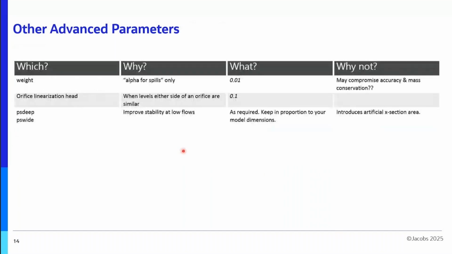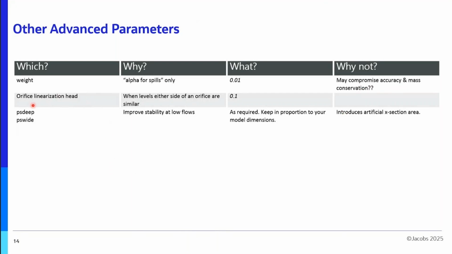Another advanced parameter that can be mentioned here is weights. Weights is nothing else than alpha for spills. Its default is 0.1, but again, it has to be a compromise with accuracy, and be mindful of mass conservation.